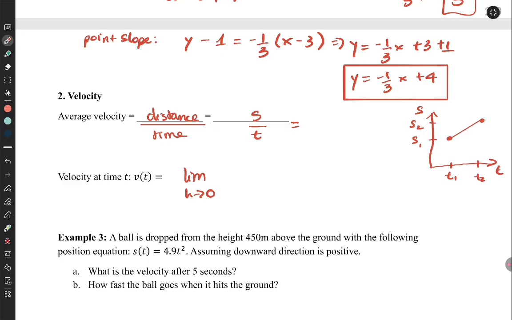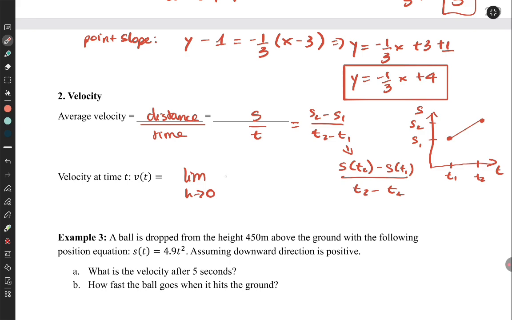Remember the rise over run? x2 minus x1 divided by t2 minus t1. Rise over run. And if I use the difference quotient, S of t2 minus S of t1 divided by t2 minus t1.